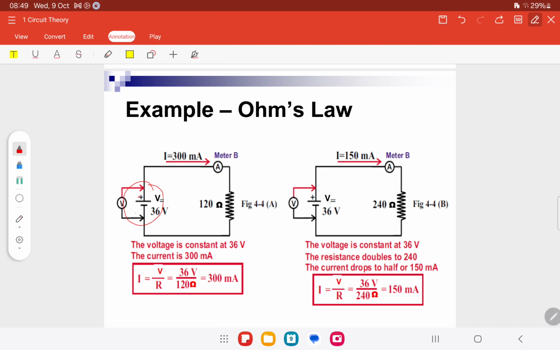Alright, so this one, we have the resistor here. So simply we have the voltage, we have the resistor, then we can get the current.